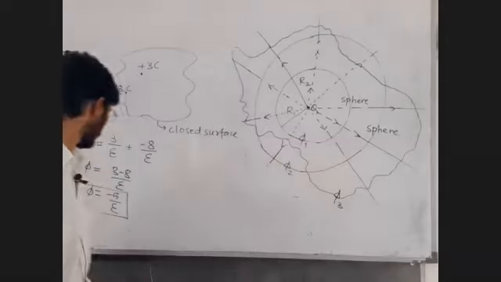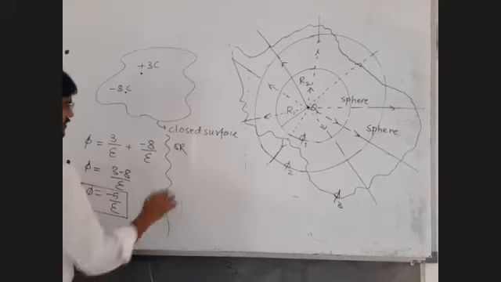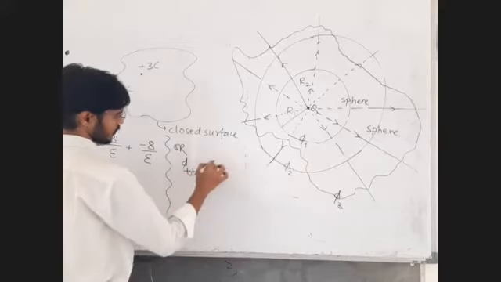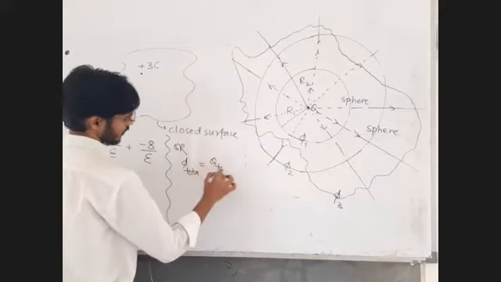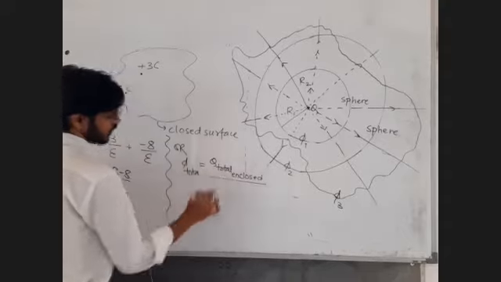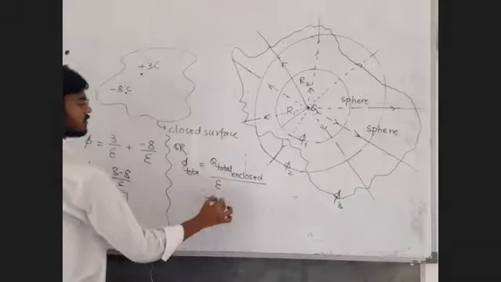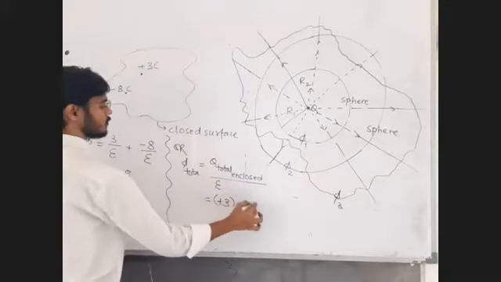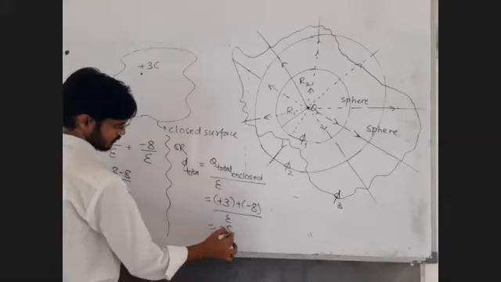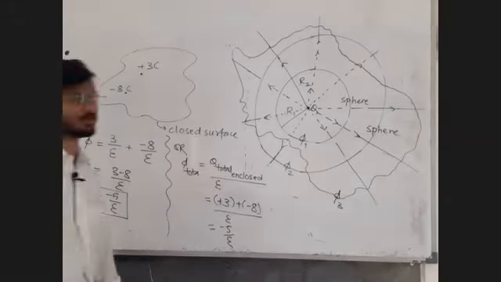So instead of doing this, we could have directly done this: total flux is equal to total enclosed charge divided by epsilon. What is the total enclosed charge? Plus 3 minus 8 upon epsilon. We could have got the same answer. Reply in the chat box, clear and written.